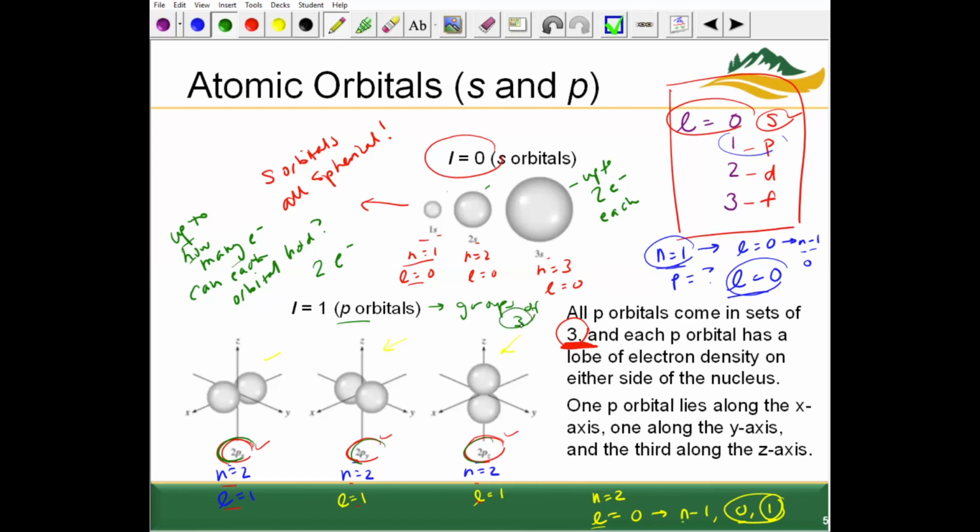Well, there's 3 orbitals, so all of these combined can hold up to 6 electrons altogether. One way to remember this with the p orbitals is you could imagine we could possibly have an electron here, here, here, and here. So up to 6 electrons within our p orbitals.